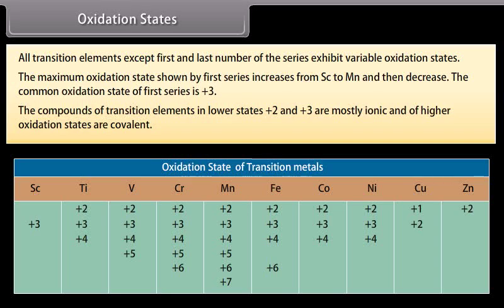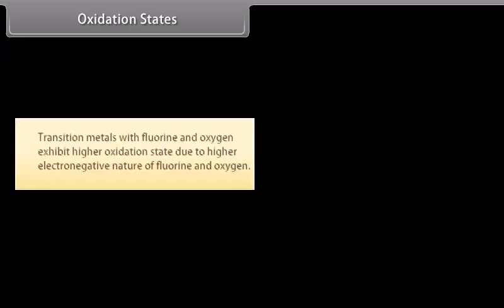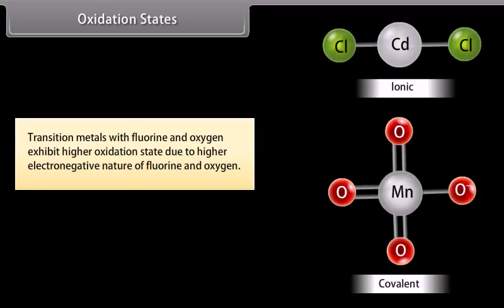For example, ZnCl2 and CdCl2 are ionic in nature and Cr2O7 2- and MnO4- are covalent in nature. Transition metals with fluorine and oxygen exhibit higher oxidation states due to the higher electronegative nature of fluorine and oxygen.